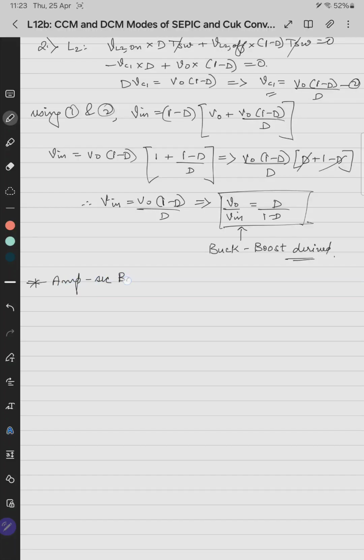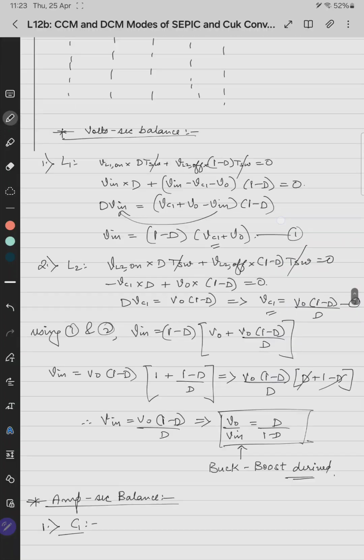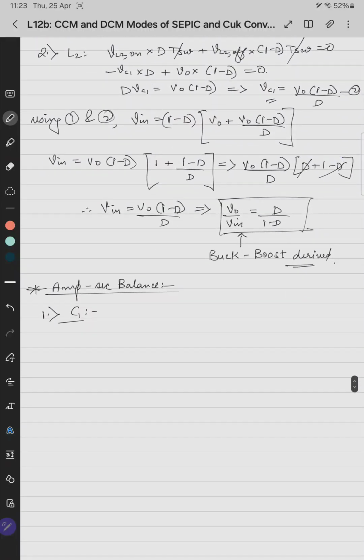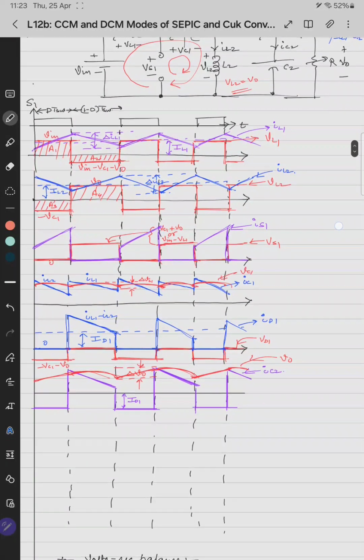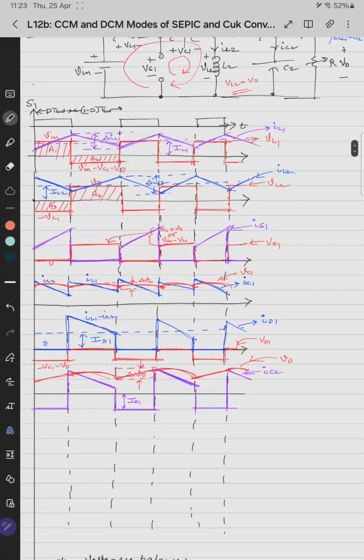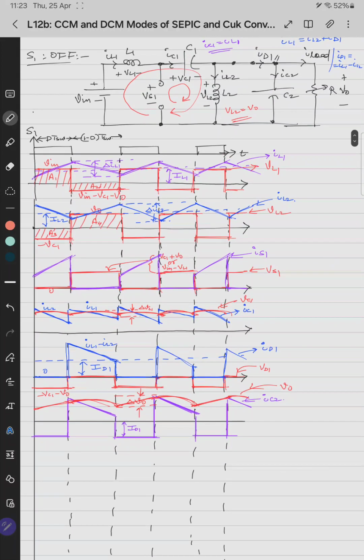Amp second balance, first is amp second balance for C1. What is amp second balance? IC1 during on, the average value, because it happens only on average value. So where is the waveform of IC1?